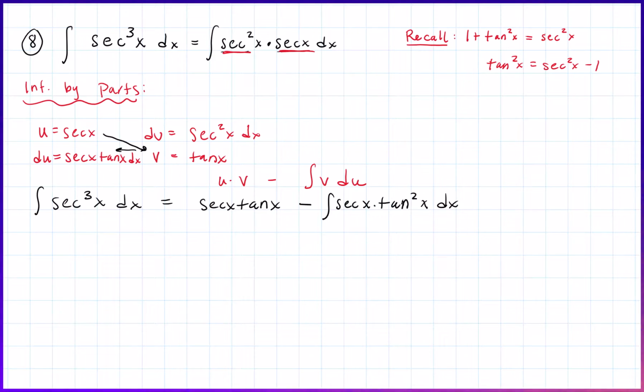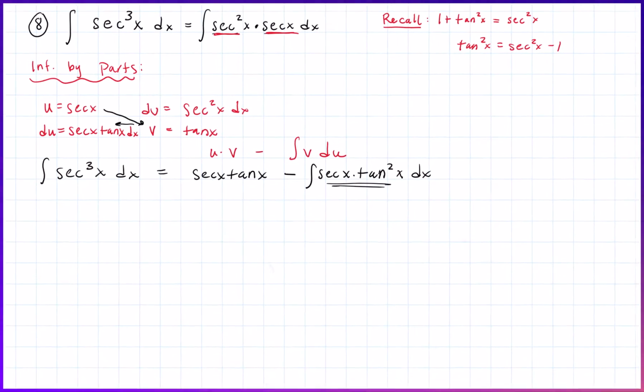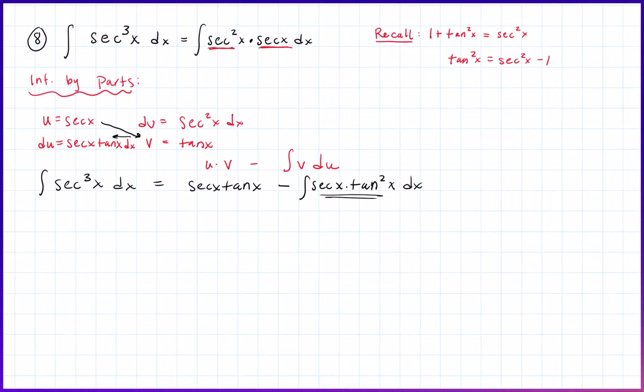Now, this is again still a product, so I have to pause for a second and think about what I can do with that product. That's where I'm going to use an identity, because I see that tangent squared and I know the identity 1 plus the tangent squared equals the secant squared, so I can solve for tangent squared, and that's secant squared minus 1. And I'm going to make that substitution.